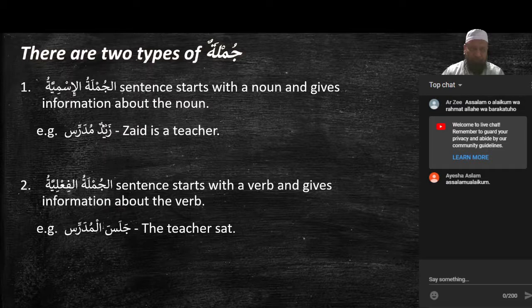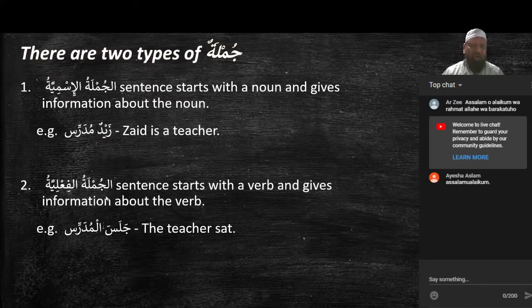Zaydun is an ism. We start with this ism and we want to give information about this ism, mudarris. Zayd is a teacher. Al-jumlatul ismiyatu starts with an ism and gives information about that ism. Zaydun, an ism. We want to give information about Zayd is mudarris, teacher.